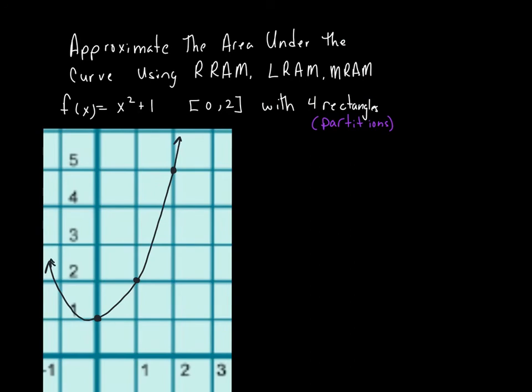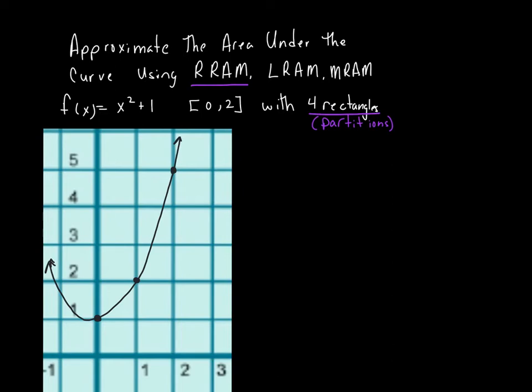We want to now actually go through and do this. So what this tells me is that I want to have 4 rectangles or partitions. So to do this, let's first look at the right hand rectangular approximation.